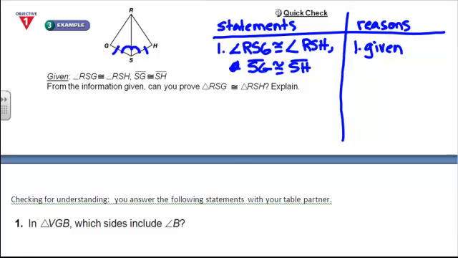I need a third mark. Now remember, the only marks you can make are vertical angle marks or common side marks. Which mark do we have in this picture? We have a common side right here. I need to write it down so I know RS is congruent to RS. Reflexive property.